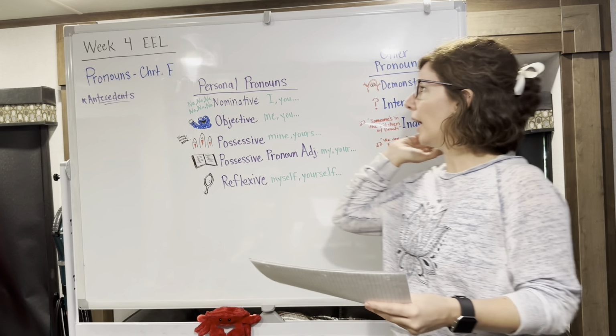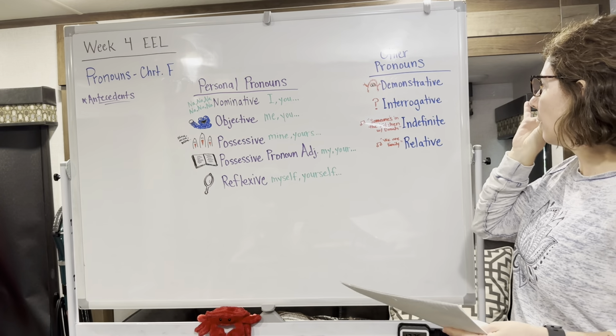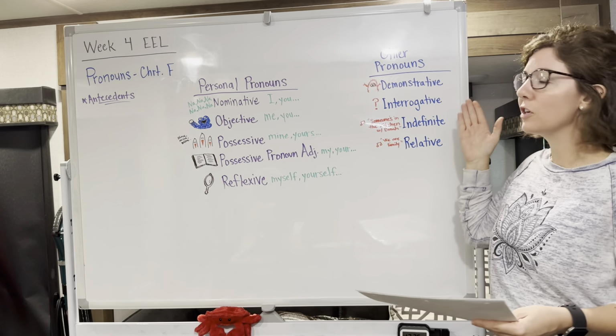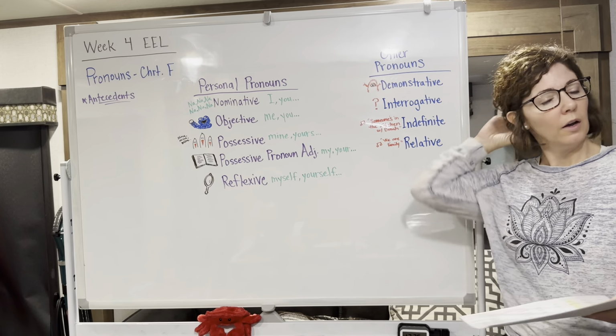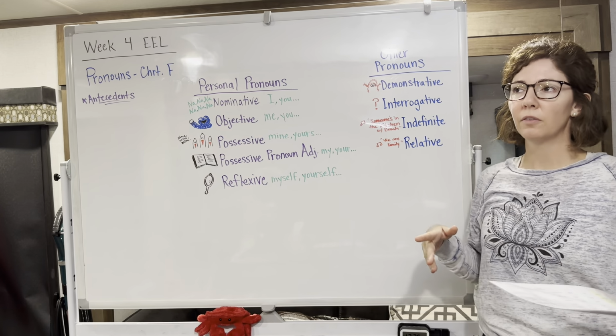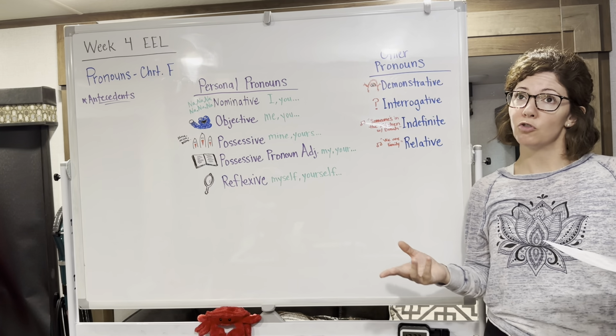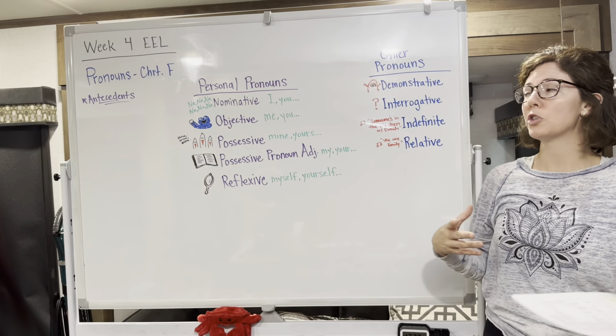We're going to go on and look at our last category, other pronouns. So for our other pronouns, the very first one we have is demonstrative. Whenever I hear the word demonstrative, I hear monster. Some people say demonstrative, so you can think demonstrate, monster.